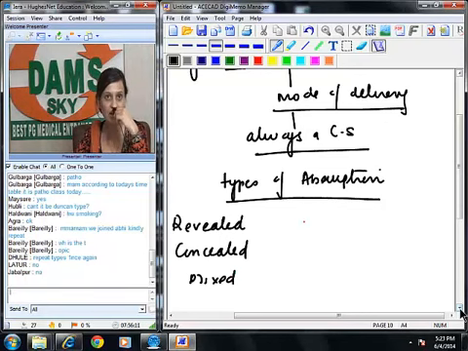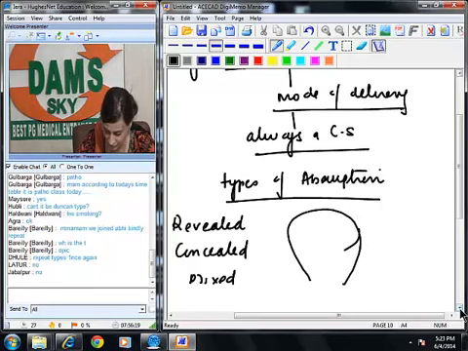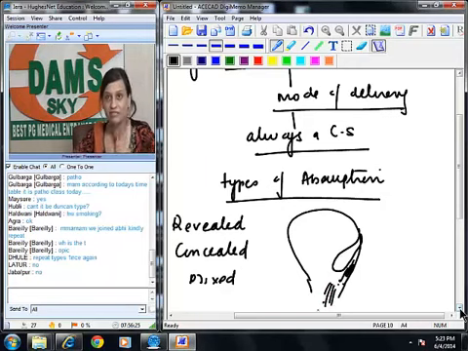Now what do we mean by revealed hemorrhage? Some of you were asking me, can it be the Duncan's type of separation? So if it is Duncan's type, whatever bleeding is coming is going to come vaginally as well. So all of it is going to be bleeding per vaginum. When this happens, it is revealed.